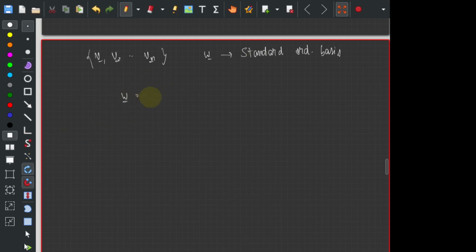Basically, what you want to do is write w as some linear combination of v1, v2 up to vn. The coefficients of the vi's are going to be the elements of the vector in the new basis. So if I can write w as, let's say, alpha 1 v1 plus alpha 2 v2, and so on, what is the representation of w in terms of the new basis?